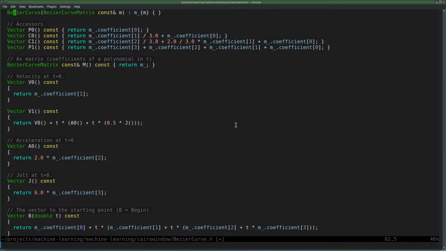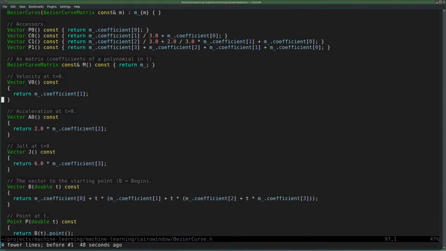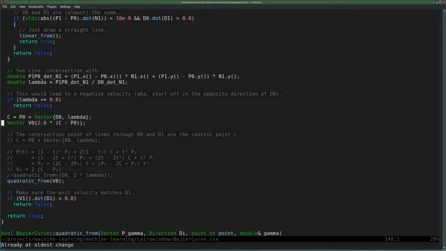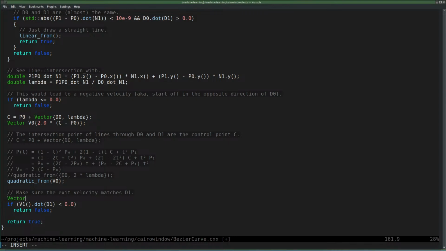Oh no, that's too expensive. Okay, not adding that. Let's calculate it by hand, as it were. So vector v1 is something tuned for the quadratic thing.